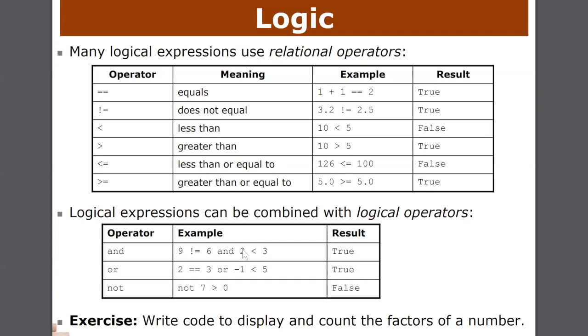So for example, in this one, since 9 is not equal to 6, this side of the and is true, and this side of the and is also true, so we will return true. But if one of these is false, then we will end up returning false. And if both of them are false, we return false as well. And for or, only one of these has to be true in order for the operator to become true.